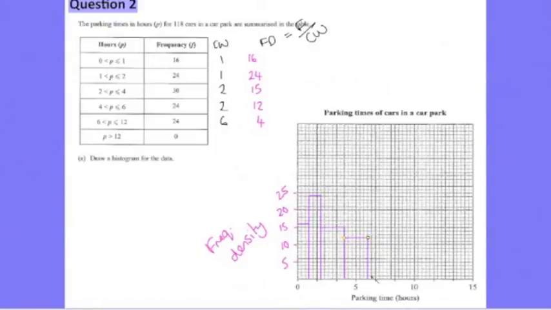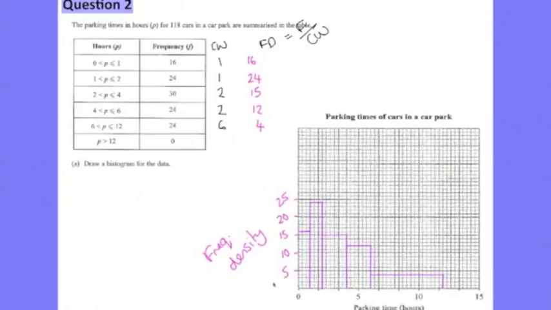Here from 6 now, all the way to 12, 3 and 3 again for 12, frequency density of 4, so a lower bar here. So take time calculating your frequency densities and then ensuring you read your scale correctly here along the axes to plot the histogram on the graph paper.